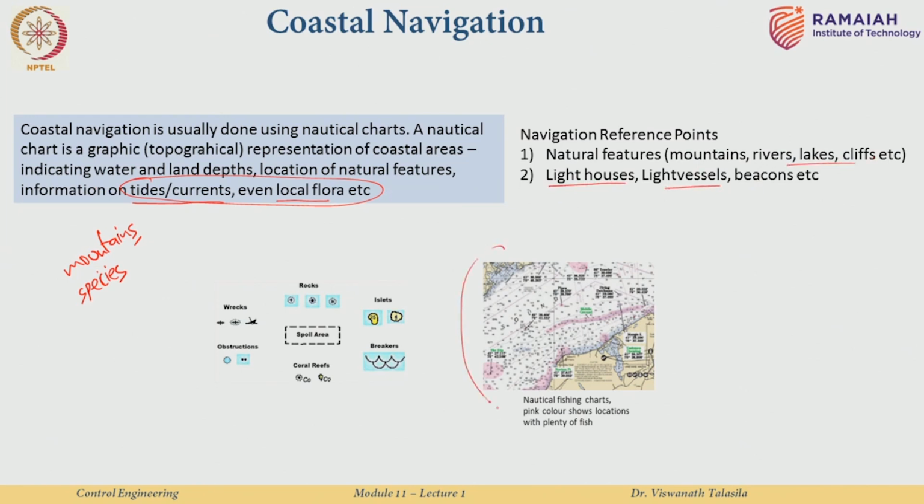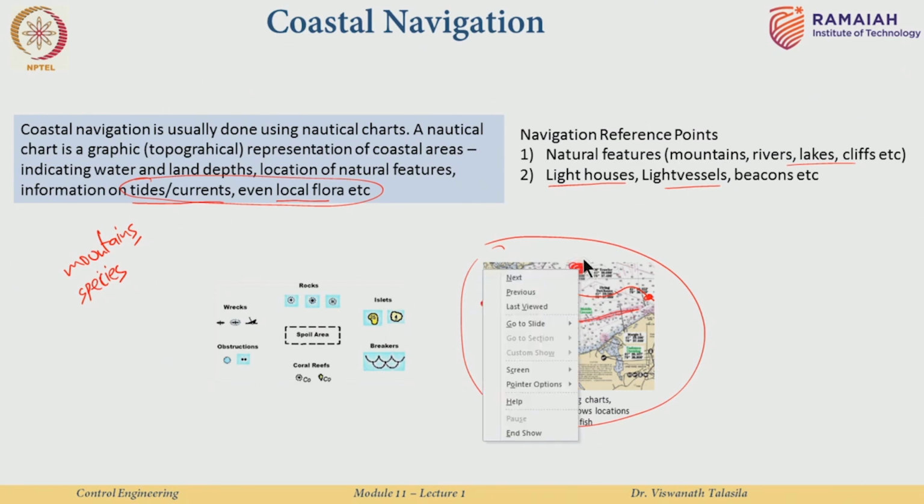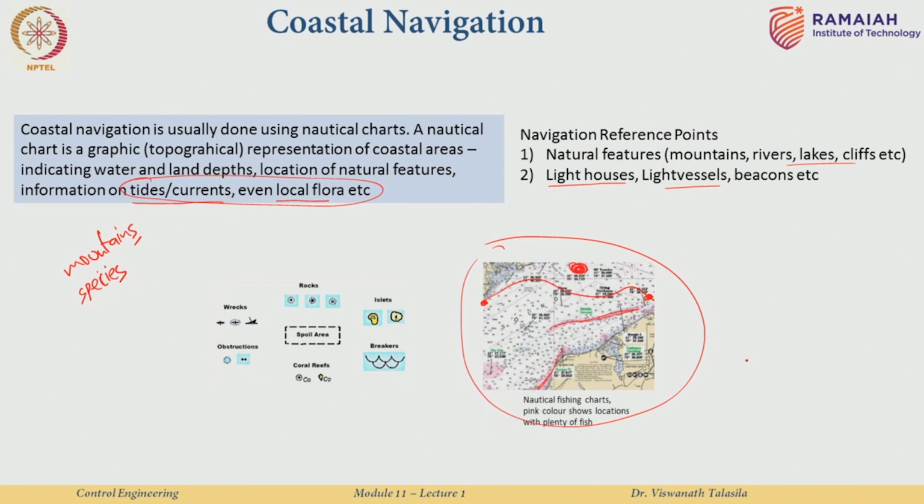If you look at this particular map over here, it is called a nautical fishing chart, and all the pink shaded areas, maybe it looks like magenta, are where fish is available in plenty. So, a person who is navigating along this coast, say on this particular route, if the person is able to see that there are lots of specific types of fish in this particular area, they will have a fair approximation of their location.